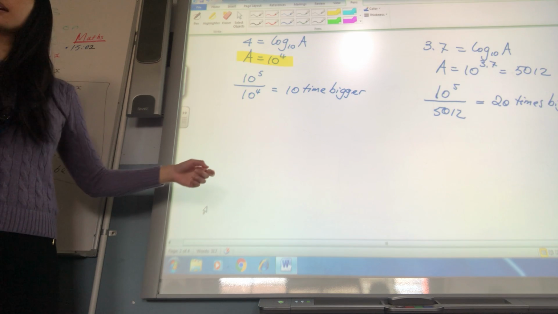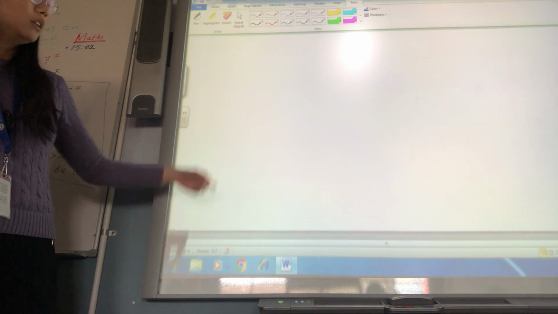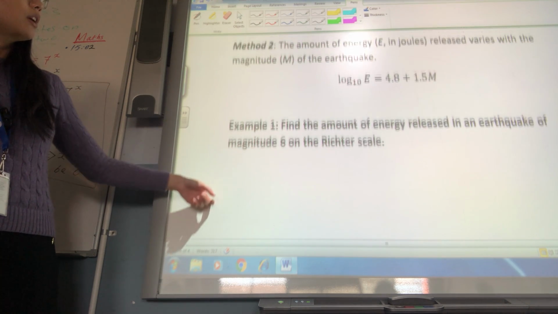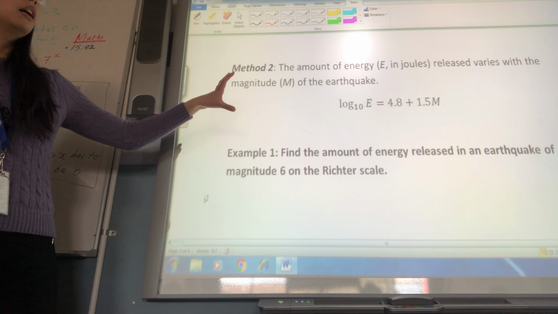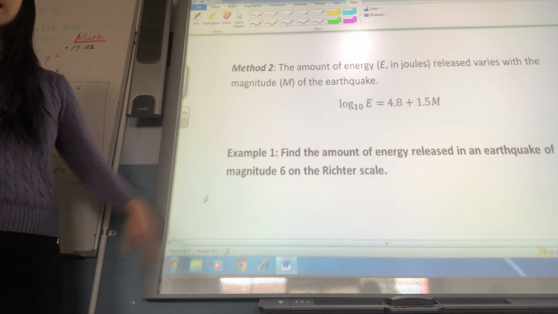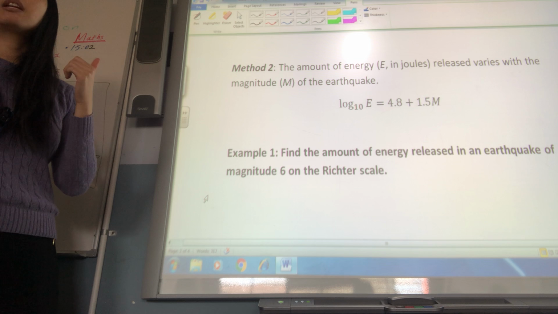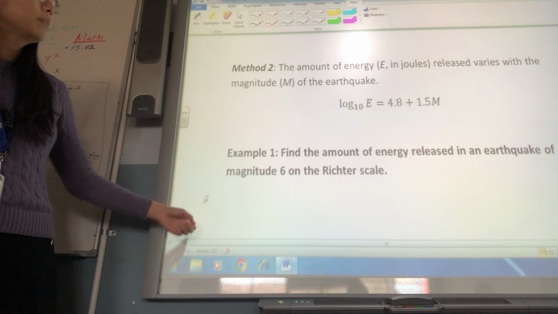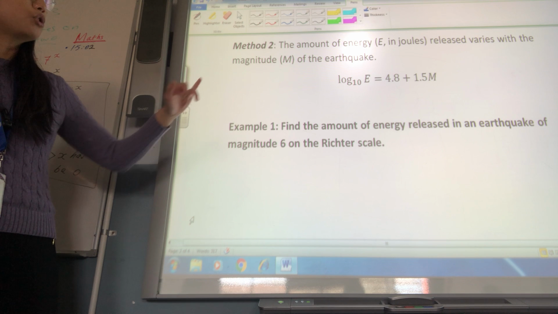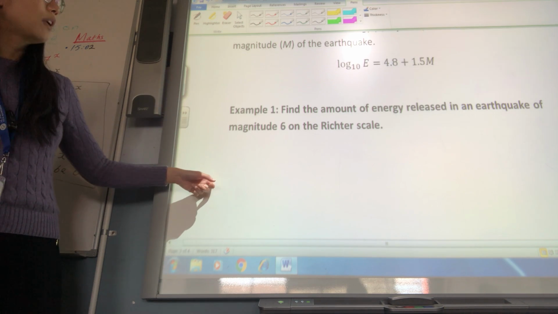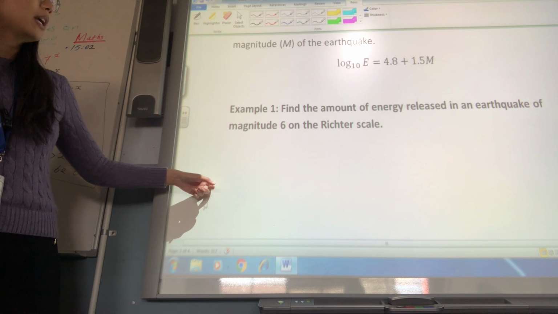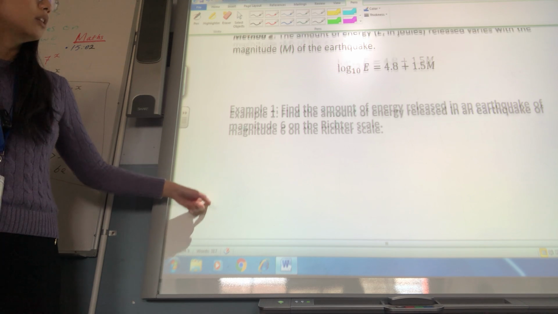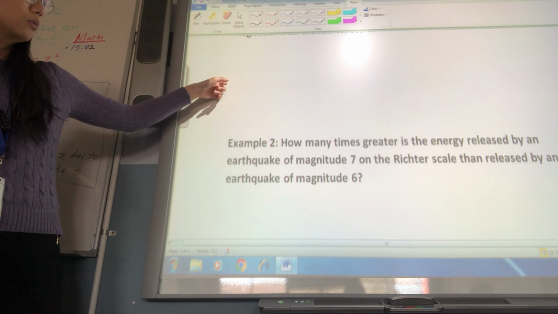Okay. Can I move on? Next one. So this is another method. It's not measuring amplitudes anymore, it's just measuring the energy level. So M is the magnitude, E is the energy, right? Find the amount of energy released in an earthquake of magnitude 6 on the Richter scale.